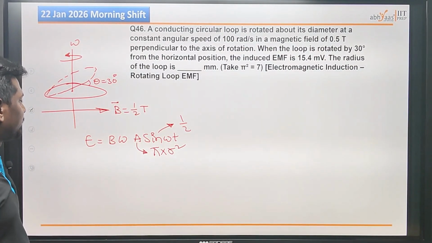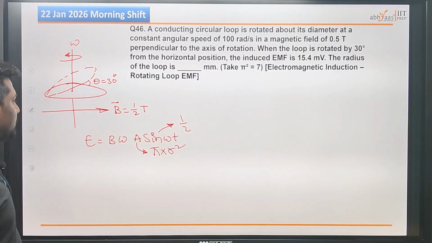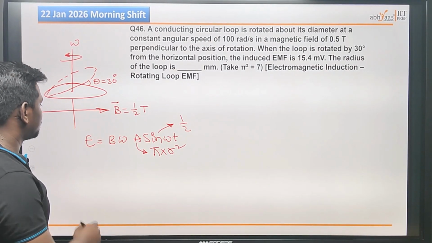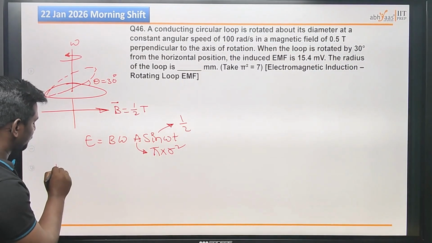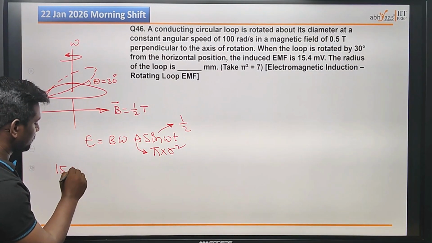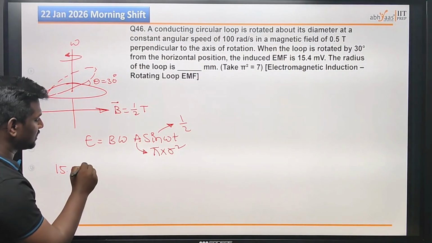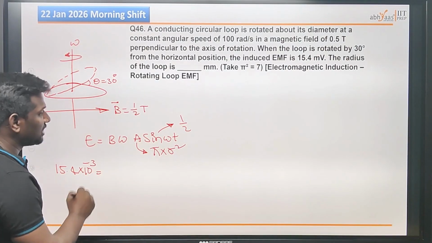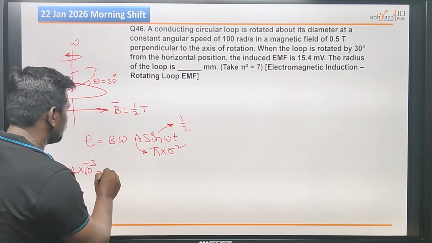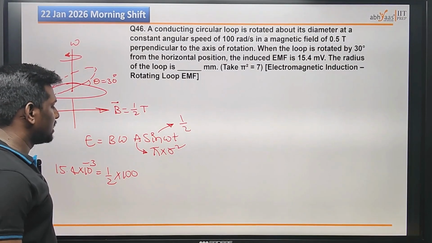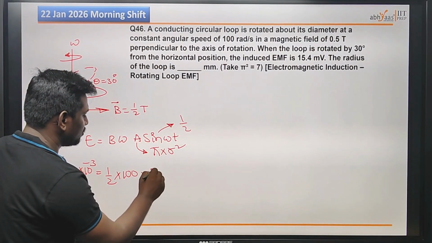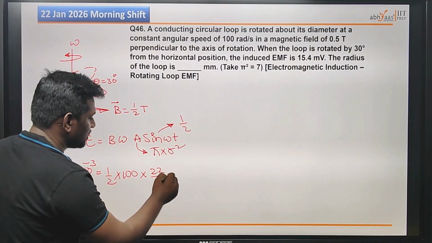So r square, angular speed, radian per second. So E can be written as 15.4 into milli, that is nothing but 10 to the power minus 3, equal to magnetic field 1/2 into 100, area pi r square, that is nothing but 22/7 r square.